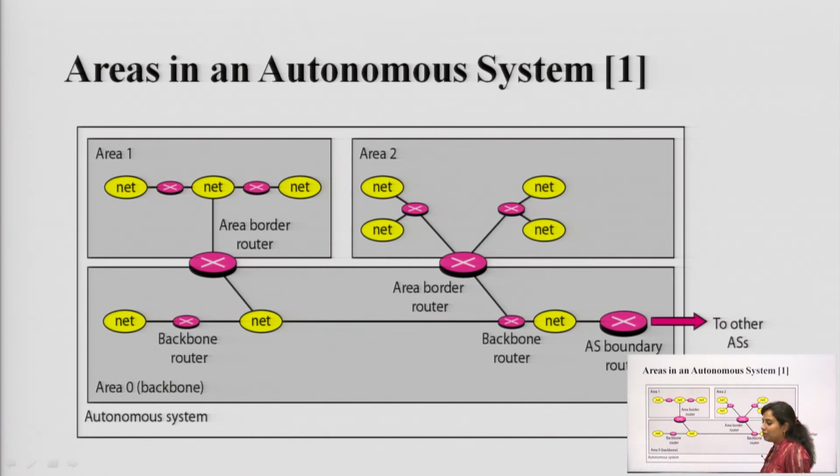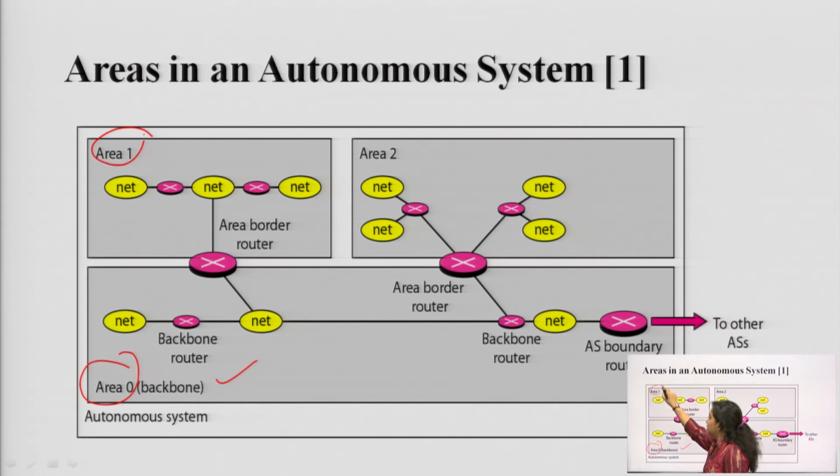Now, next one is the areas in an autonomous system, like this is an autonomous system which consists of different areas. This is the backbone area which is denoted by area 0, this is the second area that is denoted by area 1, this is the third area that is denoted by area 2. Now, these are the networks which are connected through routers.